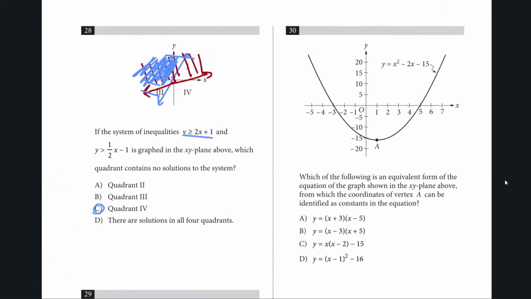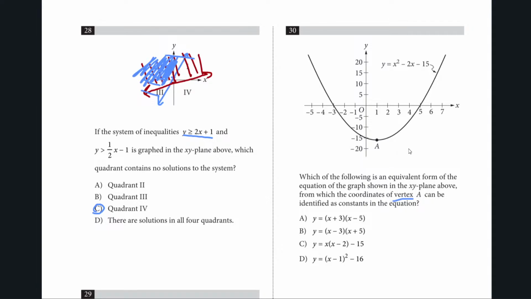Which of the following is an equivalent form of the equation of the graph shown in the xy plane above, from which the coordinates of vertex A can be identified as constants in the equation? If we're looking at this in terms of A, we're looking for the vertex form.